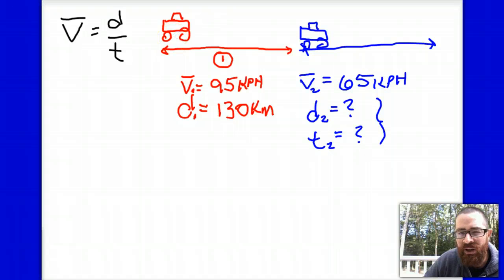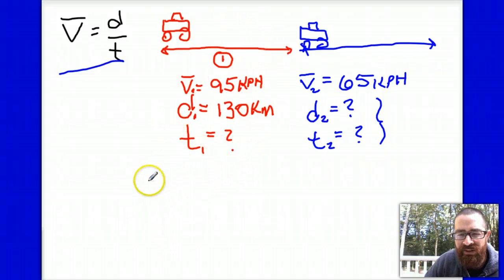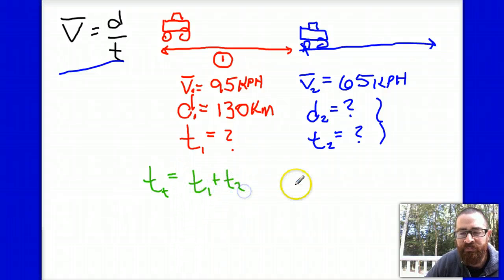Obviously, using this equation, velocity is equal to distance over time, we can't solve with two unknowns, but you should also recognize that we can solve for t1 in this problem. And we should also recognize that there's a relationship between these two times. The total time, which is given to you in the problem as 3 hours and 20 minutes, or 200 minutes, is going to be equal to the sum of t1 and t2.